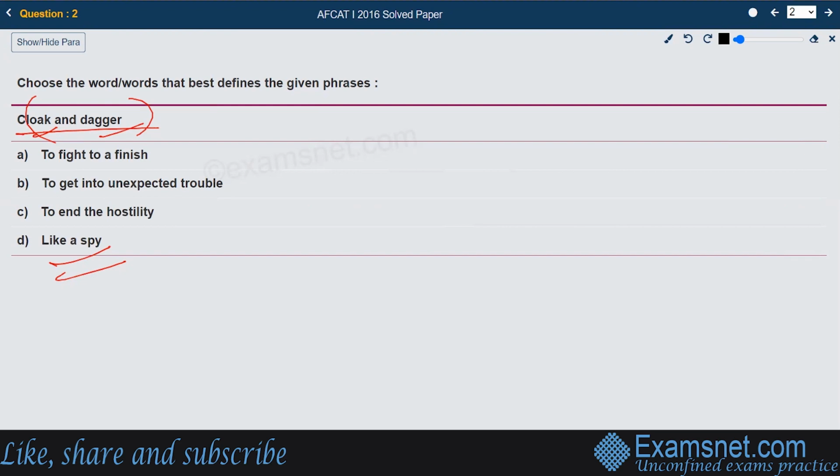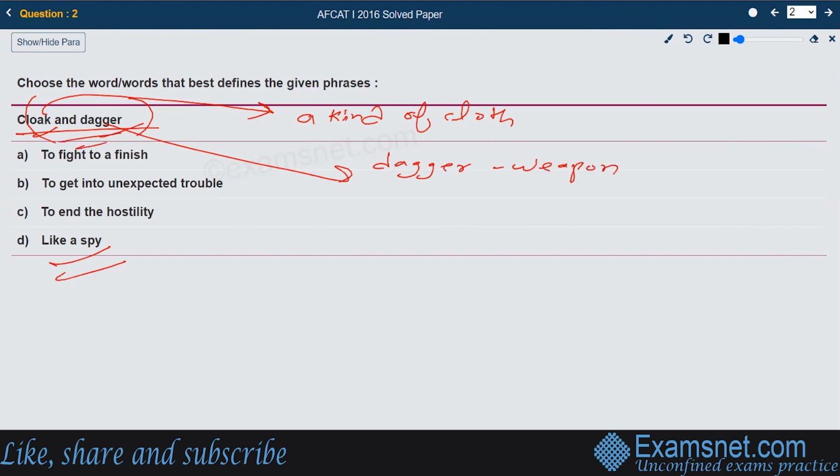Separately, the word cloak is a kind of cloth, and dagger is a kind of weapon. But when they are combined, they become the phrase "cloak and dagger," and the meaning is like a spy.